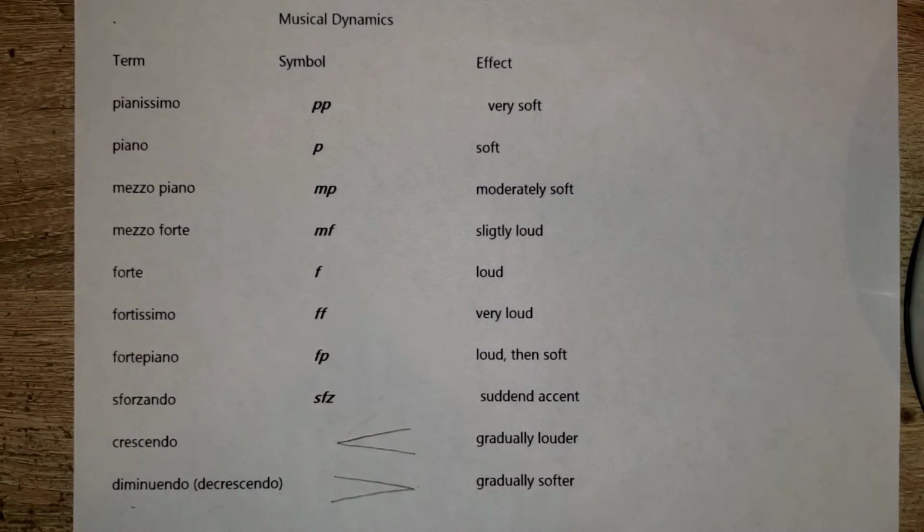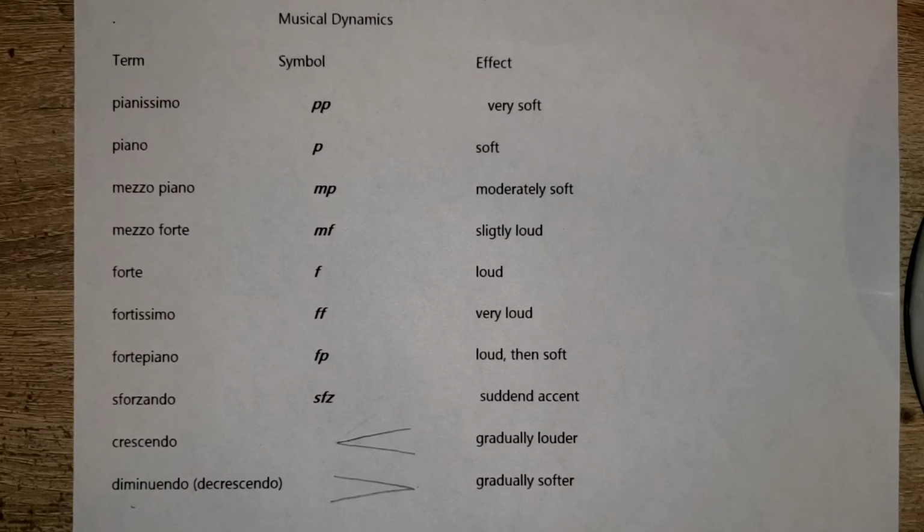Forte piano would kind of be like you're starting loud, and then you go soft. So it could be more gradual, it could kind of go from one to the other, not as gradual, it's more up to the actual composer and the player of the song.